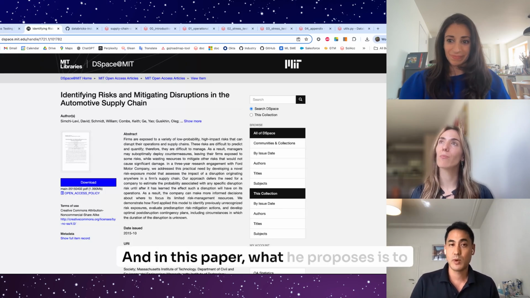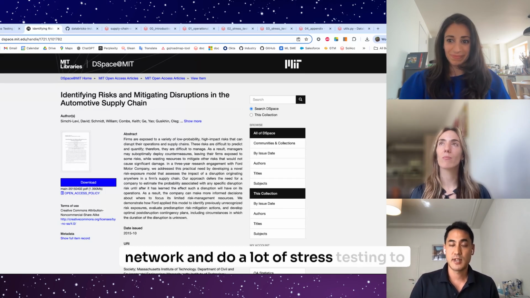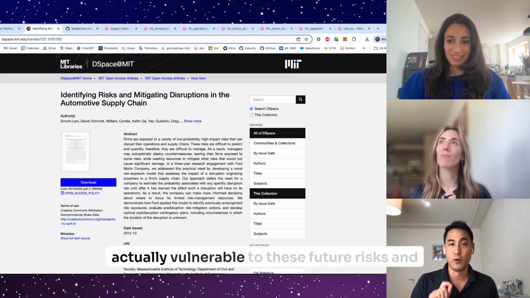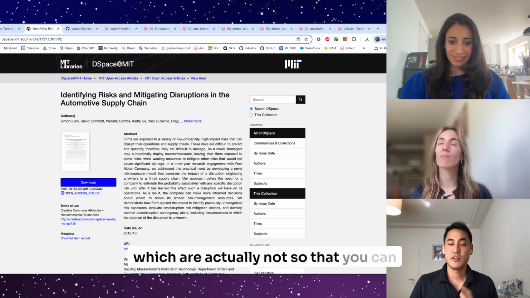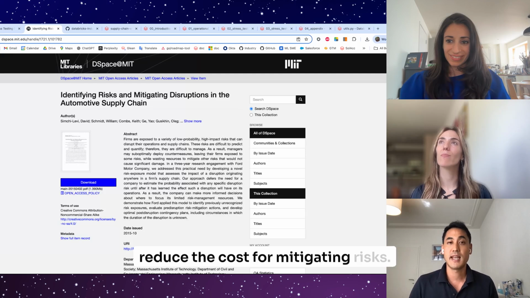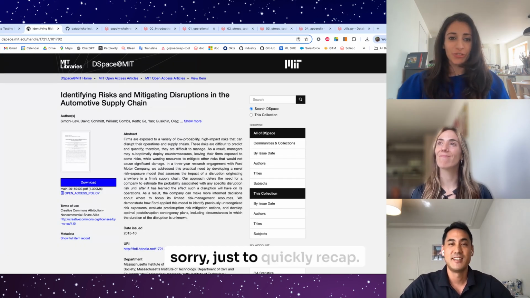And in this paper, what he proposes is to build a digital twin of your supply chain network and do a lot of stress testing to basically find out which supplier sites are actually vulnerable to these future risks and which are actually not, so that you can reroute your investment and in some cases reduce the cost for mitigating risks.